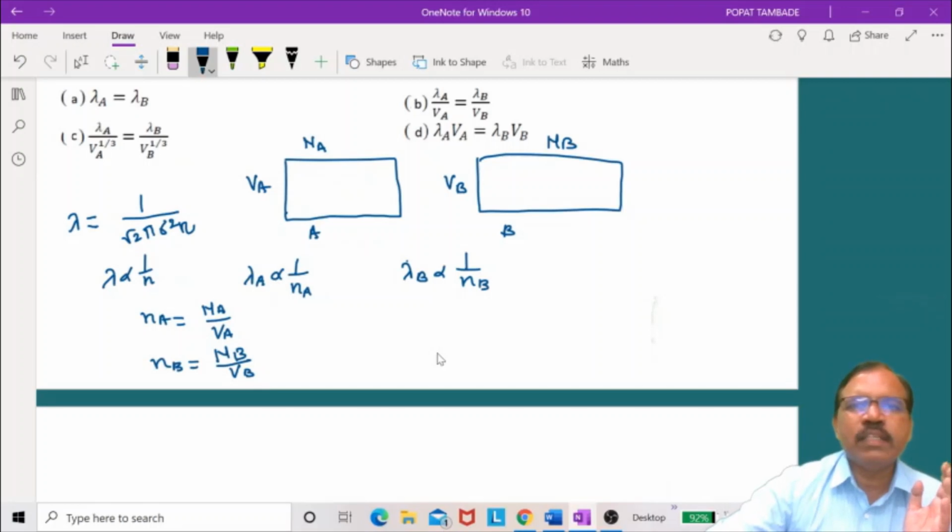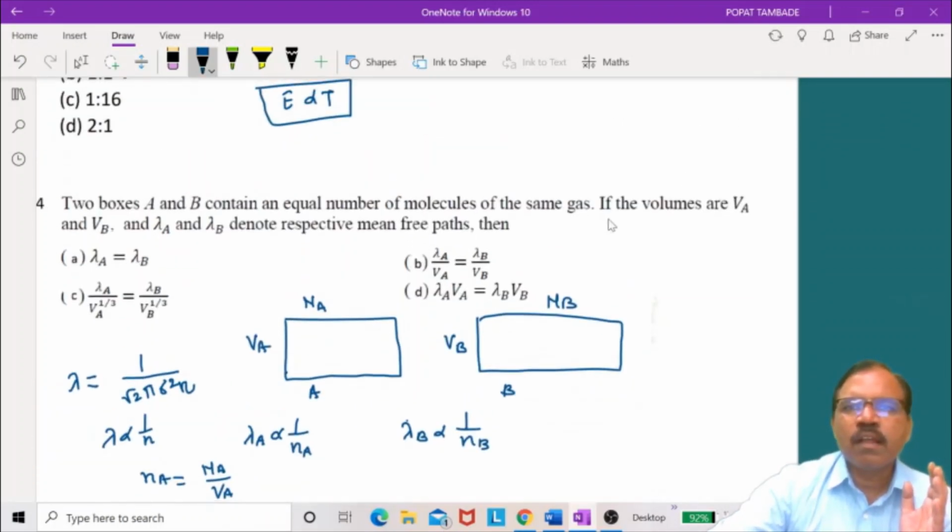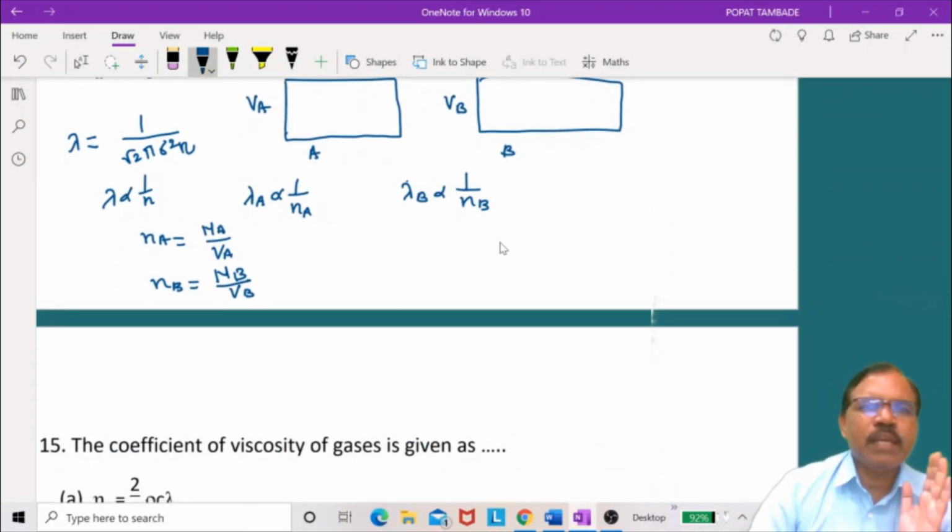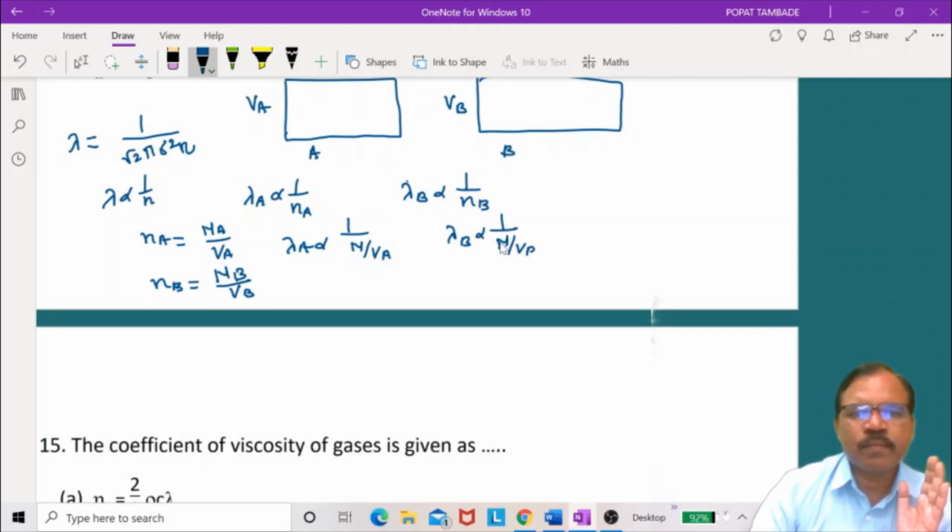But what is given here? Equal number of molecules. So Na will be equal to Nb. So what happens here? lambda A is proportional to 1 upon N by Va, and lambda B is proportional to 1 upon N by Vb.